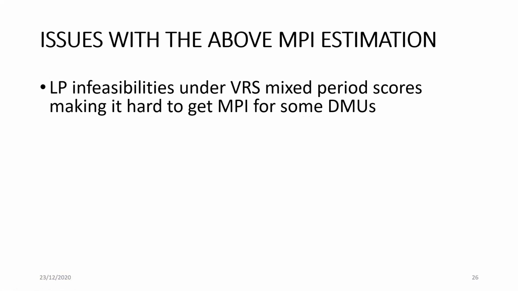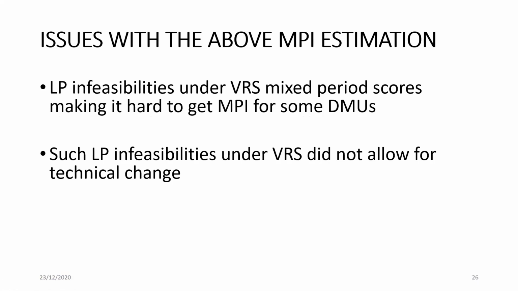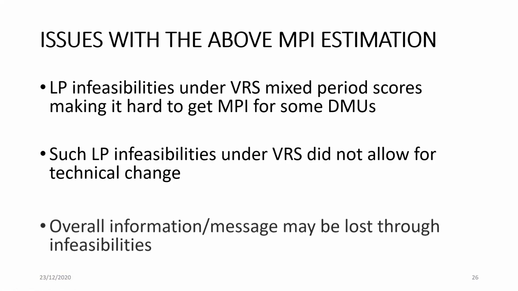So first problem, let's dig into the problem and wrap up there. And we'll have some short break. First issue with the above Malmquist index is that the linear programming infeasibilities under VRS mixed period scores make it very hard to get a Malmquist for some of the firms. You can see that. Okay.